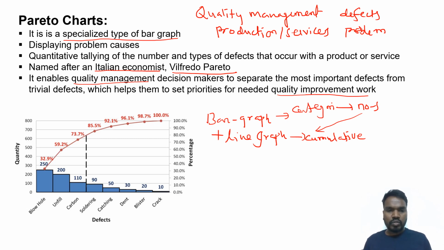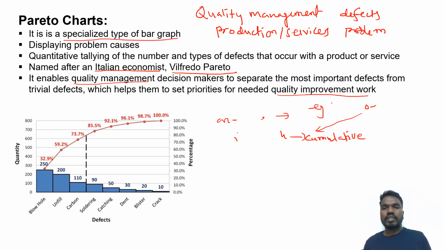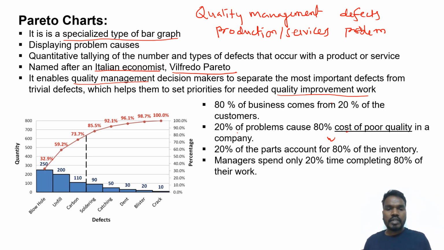Before that, there is one famous Pareto rule. That Pareto rule always talks about 80-20, or 20-80. So that rule says that it is divided into two parts: one is 80, another is 20.